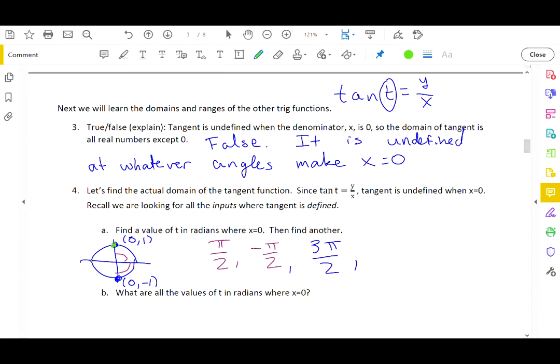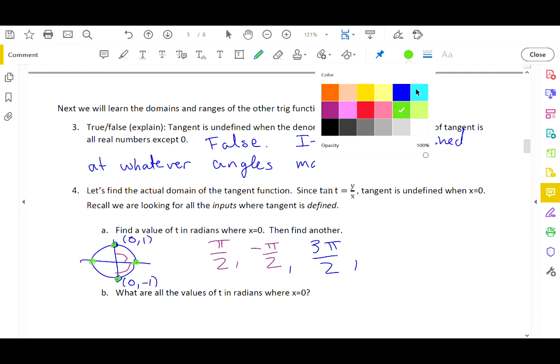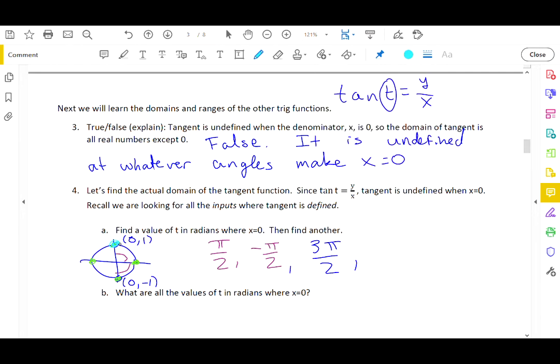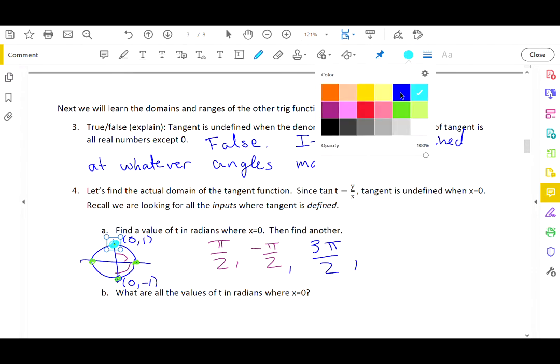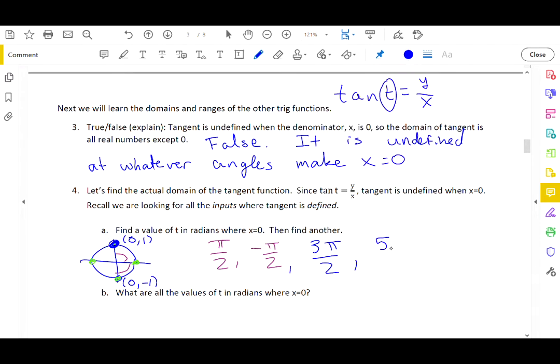That's pi over 2. 2 pi over 2s would be here. 3 pi over 2 is here. 4 pi over 2 is here. And then 5 pi over 2 would be back at the top at this little light blue dot. So 5 pi over 2 is another value.